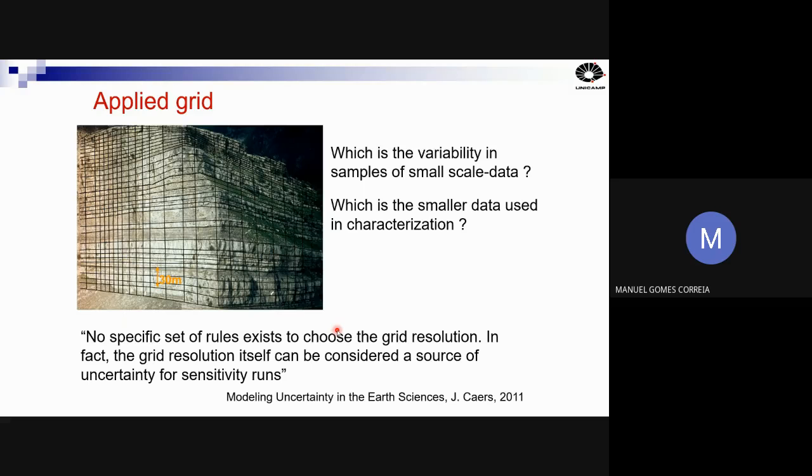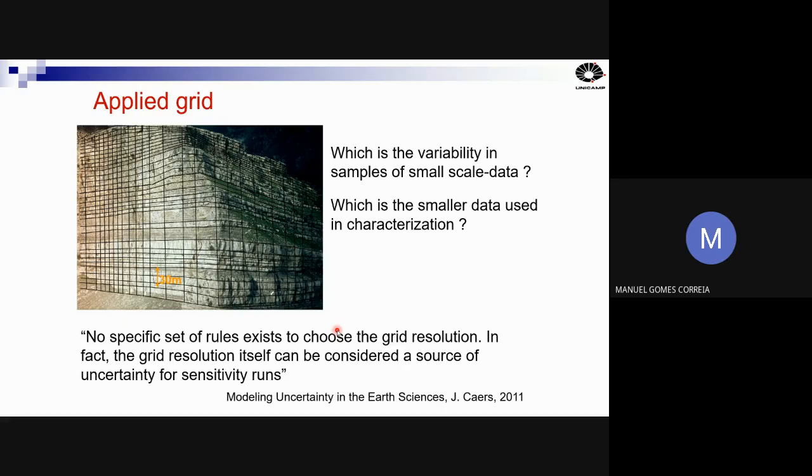So here I'm going to show some examples. One of the uncertainties is the applied grid, because it is quite difficult to know which grid better represents our reality. It's like asking what the variability is in samples of small scale data. Because we don't have access, it's quite difficult.